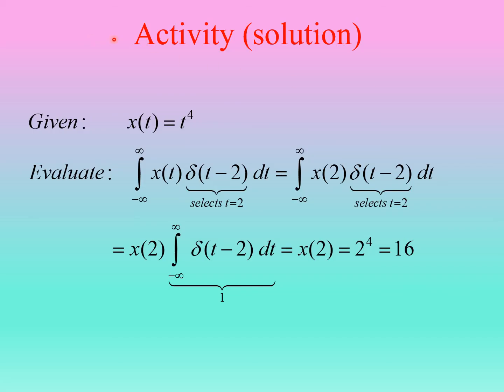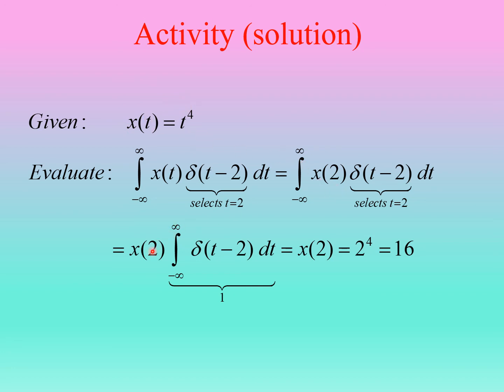Okay, so the solution to that activity was: here's our integral, the integral of x of t times delta of t minus 2. Now this delta function here is basically selecting or forcing t to be equal to 2. And so we can change this t right here, x of t becomes x of 2. And x of 2 is just the value of this function when t is equal to 2.